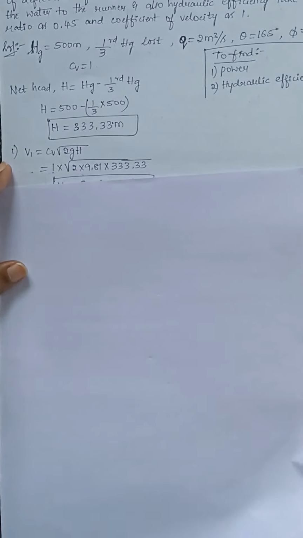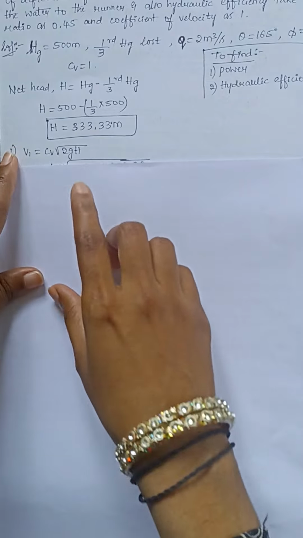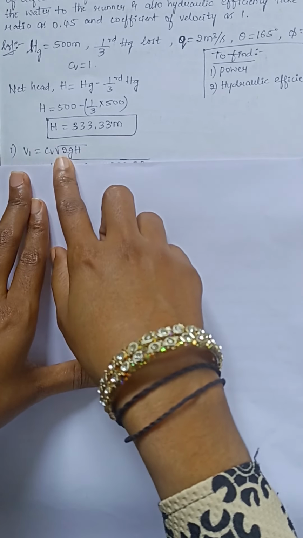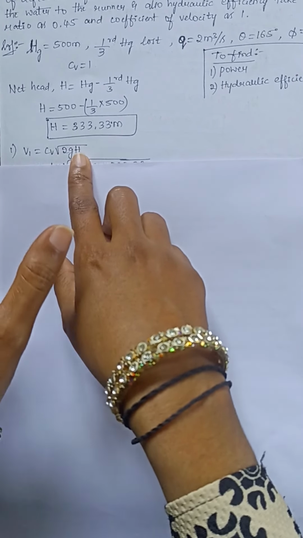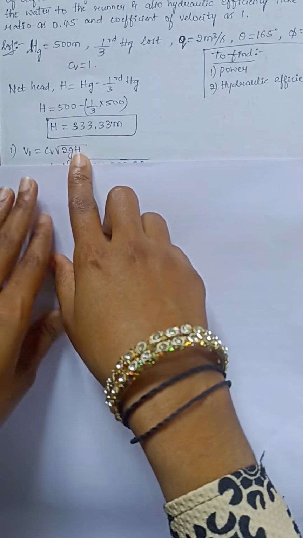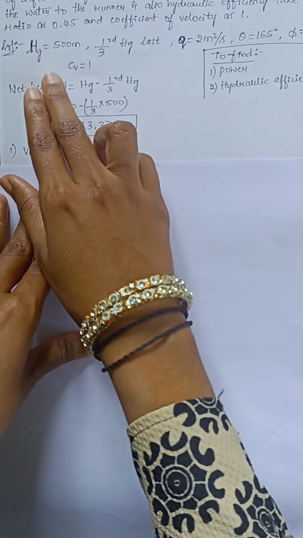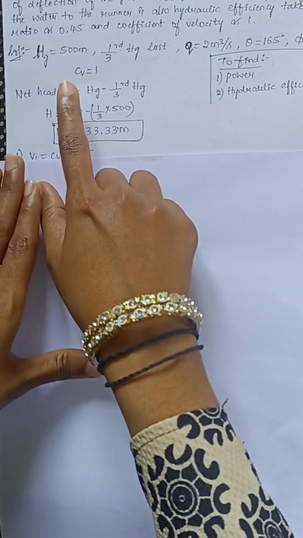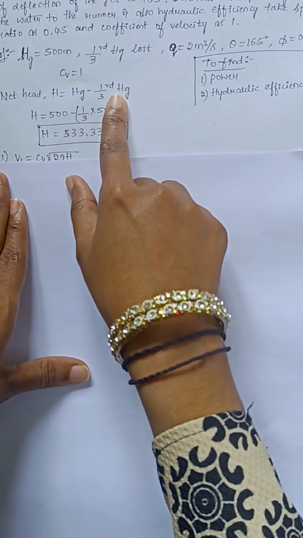To find that, we first have to find the velocity of the jet. We have the formula V1 is equal to Cv root under 2gh, where h represents the net head of the turbine. But in this problem, the gross head of the turbine is given, so from this gross head we need to find the net head. We have the formula net head is equal to gross head minus friction losses.